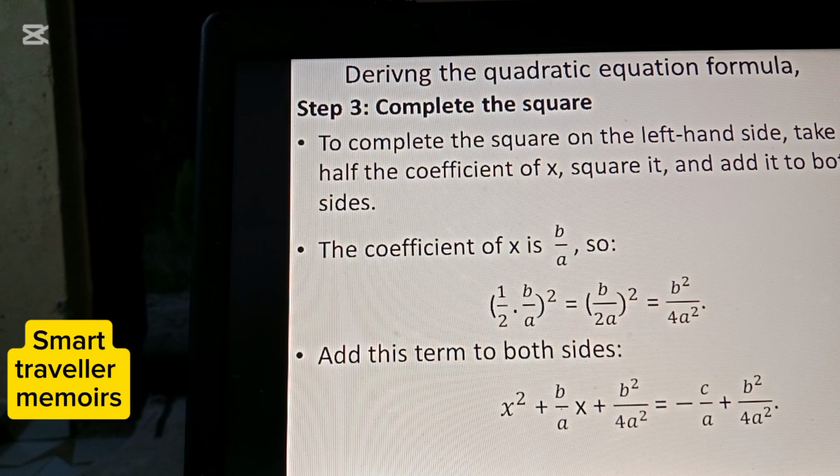And when we simplify, we get b squared over 4a squared. Add this term to both sides. So you get x squared plus b over a x plus b squared over 4a squared equals minus c over a plus b squared over 4a squared.